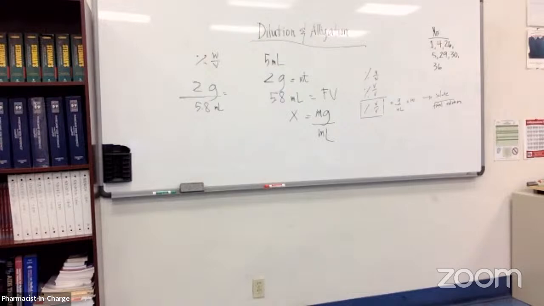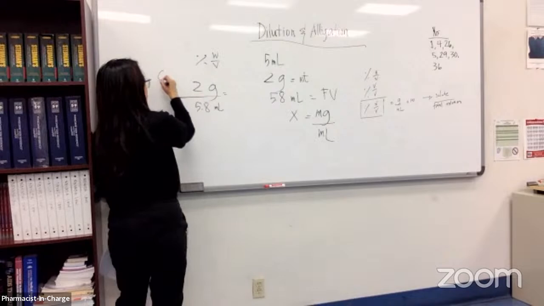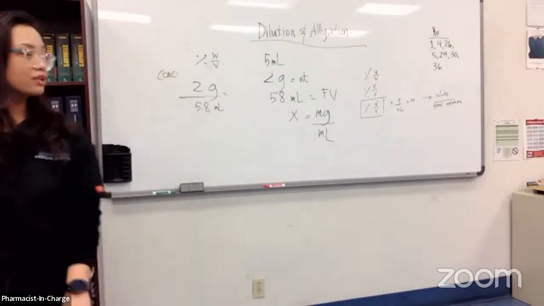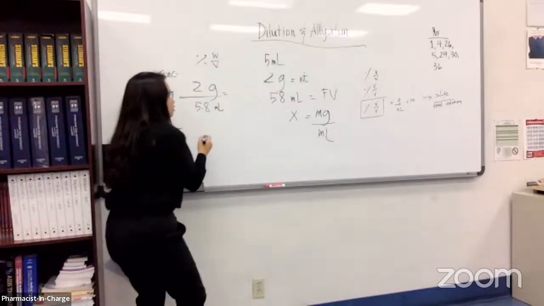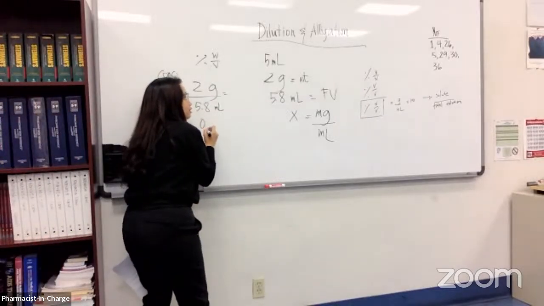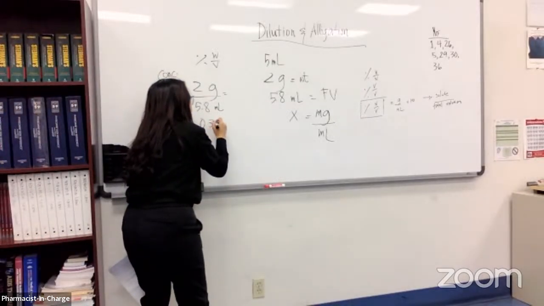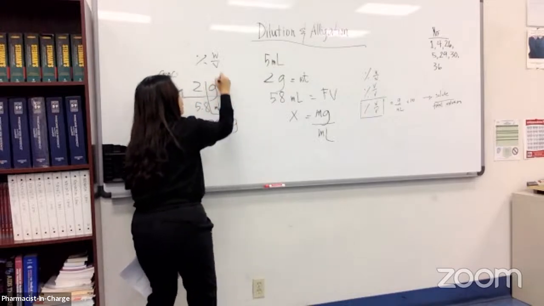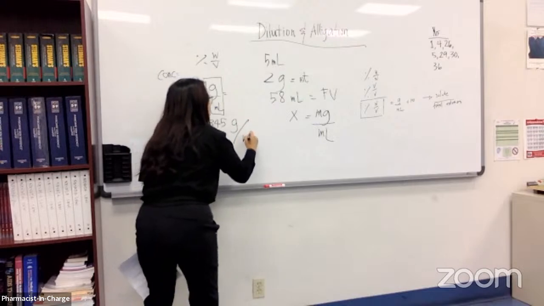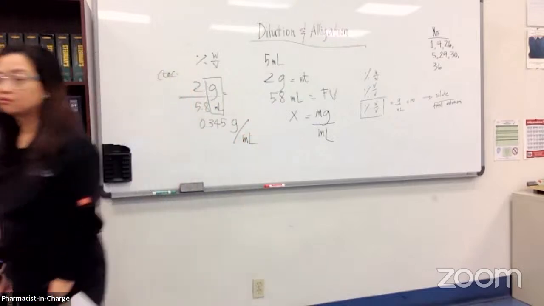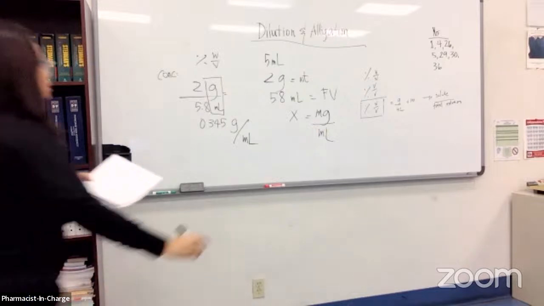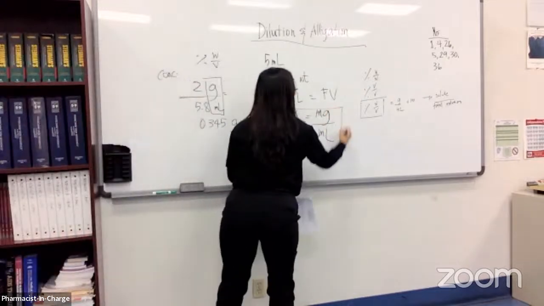When you do the math here, grams per ml, this is also concentration, so you know. What's the answer? 0.345 grams per ml, correct? That wasn't the question. The question was milligrams per ml.